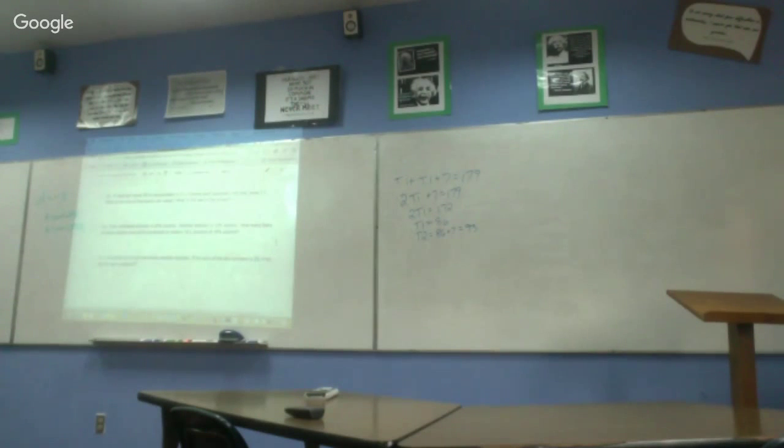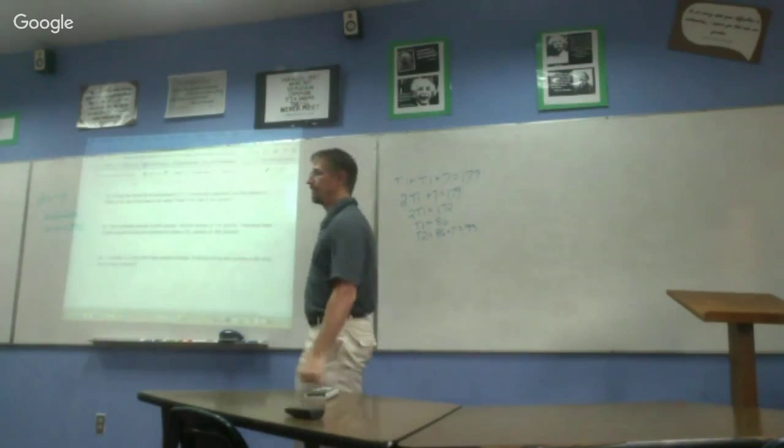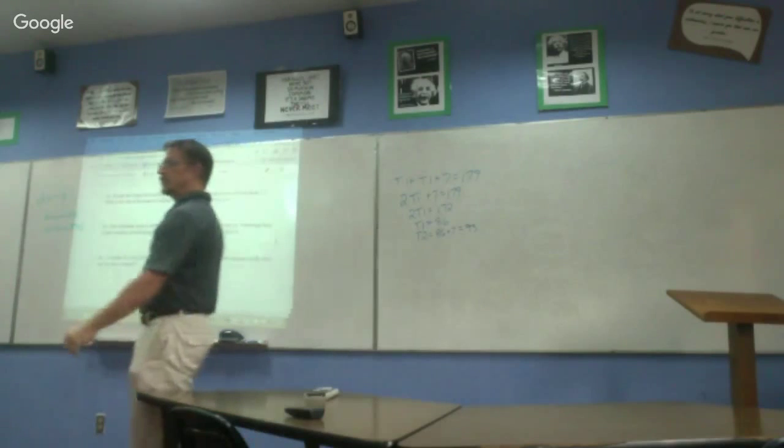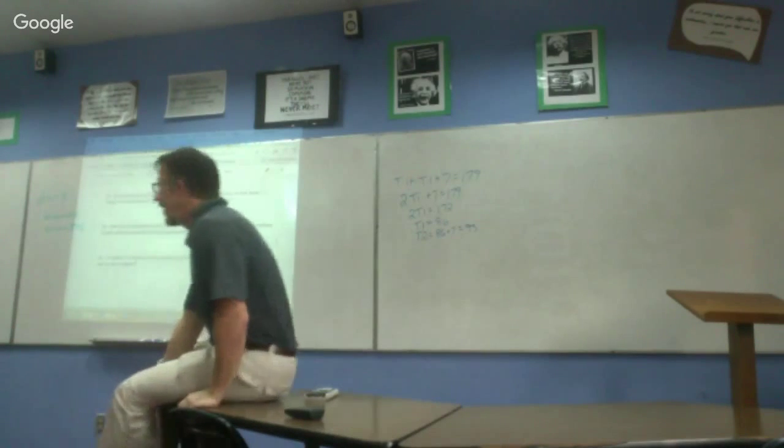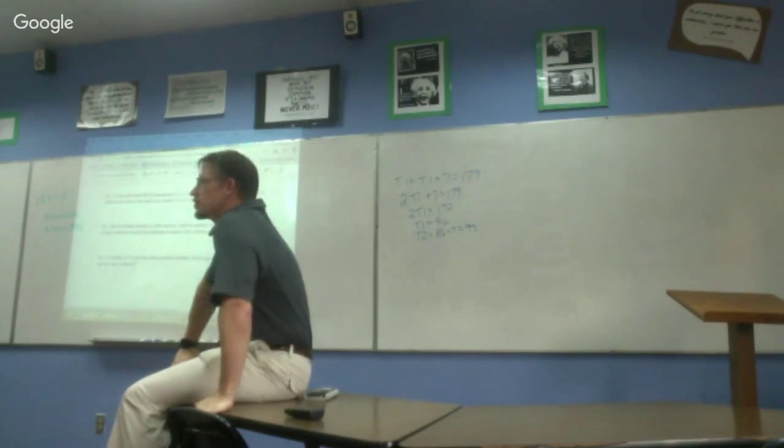Okay, we got about 5, maybe 6 minutes left. Which one do you want to do? 22, 23, 24? 22. A boat can travel 36 miles downstream in 2 hours. Coming back upstream, the boat takes 3 hours.